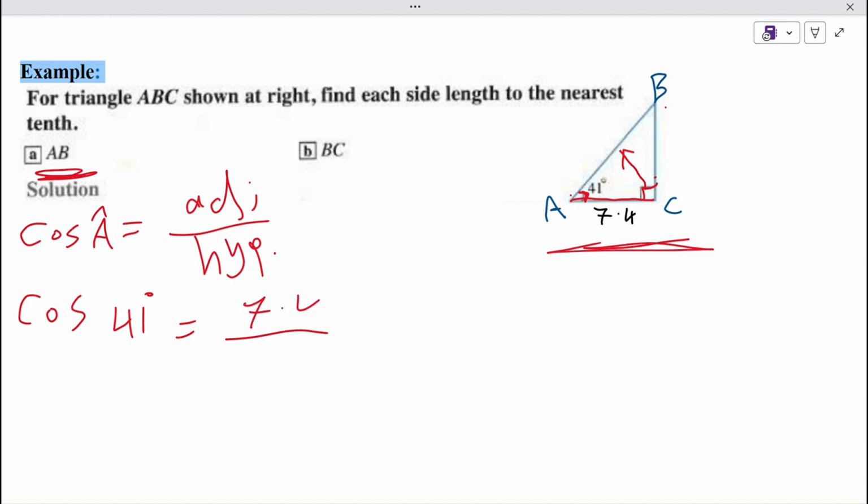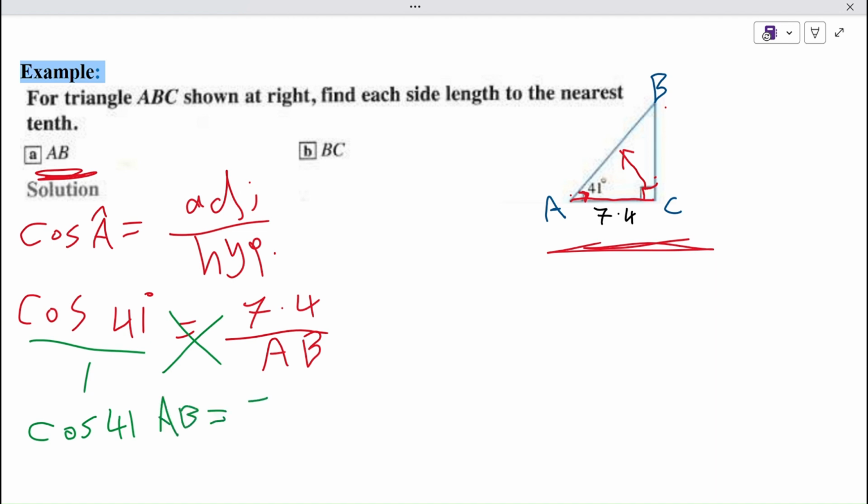It means AB. So guys, look here. How can you solve this? This is really easy by multiplying each other. The denominator of cosine 41 is 1. Multiply the sides. Here we have cosine 41 times AB is equal to 7.4.